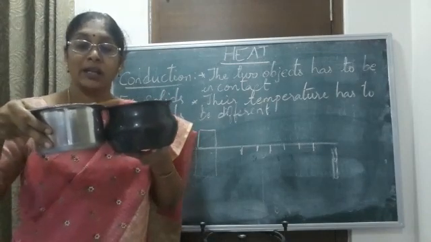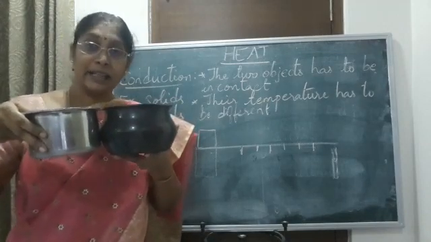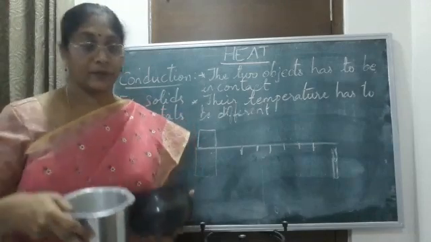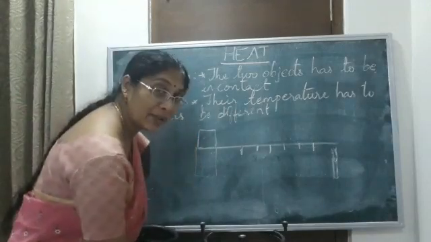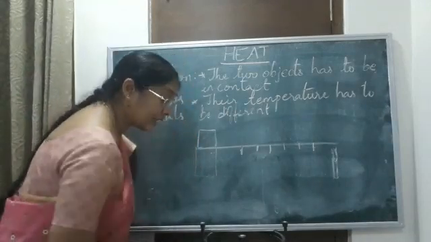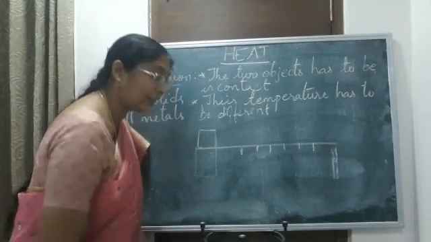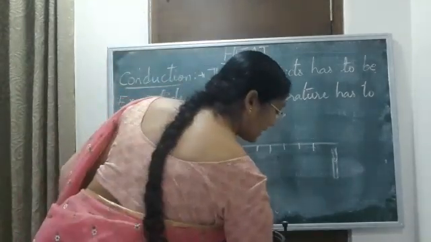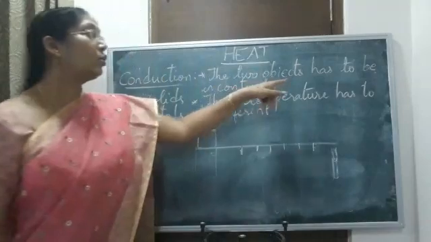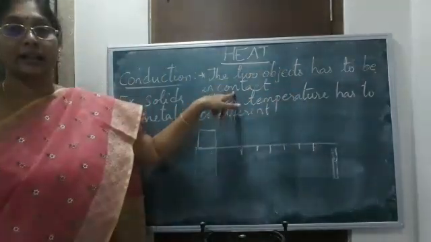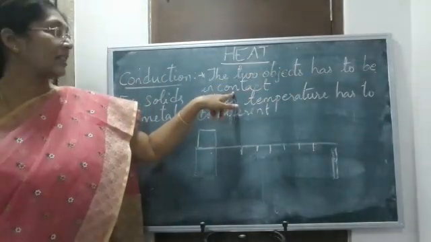Unless these two are in contact like this. Can heat be transferred then? Yes. So both containers have to be in contact with each other. The two objects have to be in contact for conduction. That is the first condition.